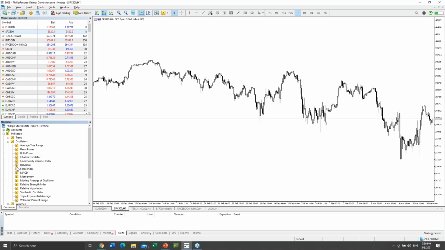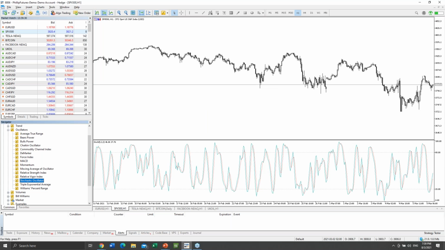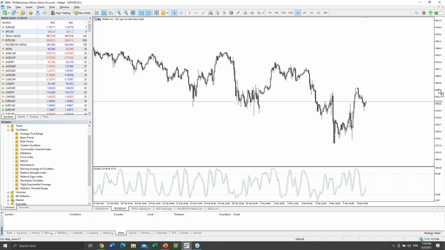Right? I like to use oscillators, and in particular, what I like to use is the stochastic oscillator, which gives me an indication of the overall market. Let me just apply it to the chart so you can see. The stochastic oscillator has two extreme levels, one at 20, one at 80. Of course, at 80 it tells you that the market is overbought, meaning price is likely to reverse.